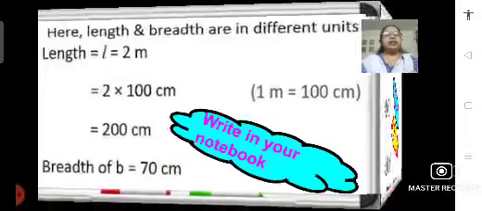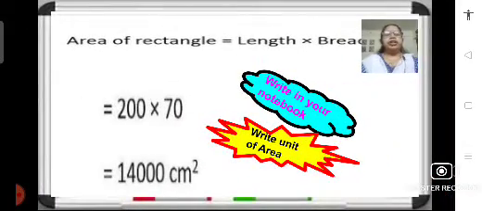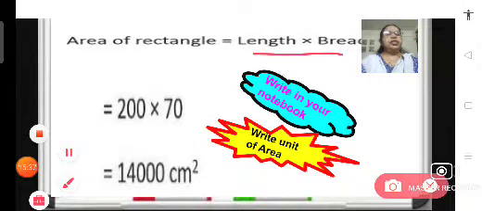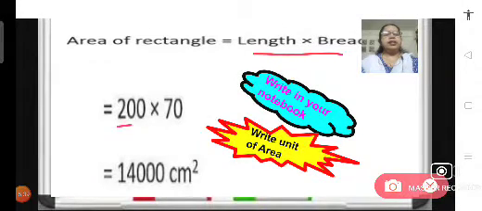Now we can find the area. We know area of rectangle is equal to length into breadth. So length is 200 centimeters and breadth is 70 centimeters. When we multiply them, what do we get? We get 14,000 centimeters square as the area of this rectangle.